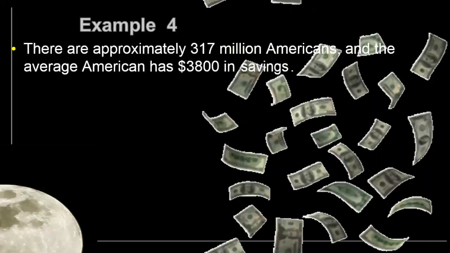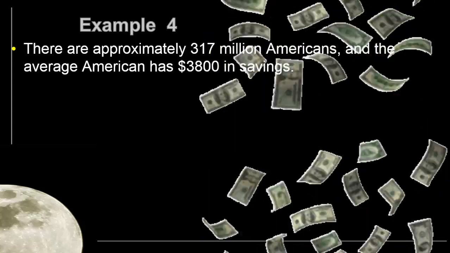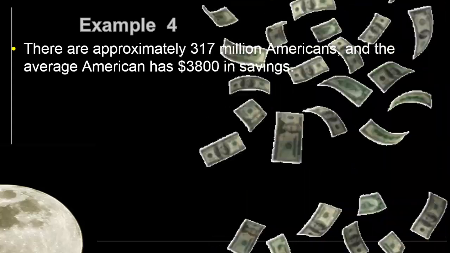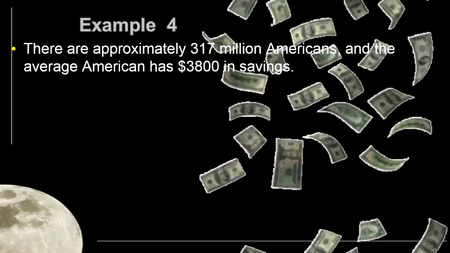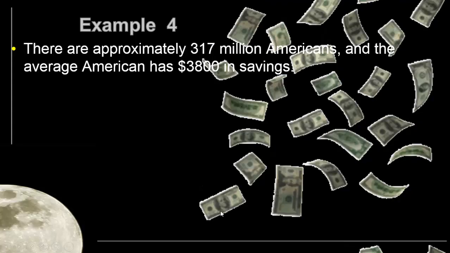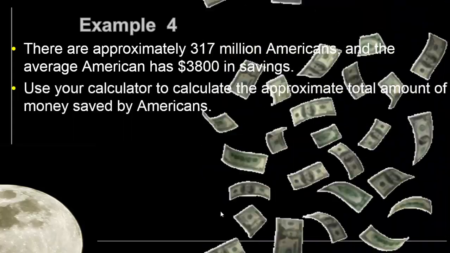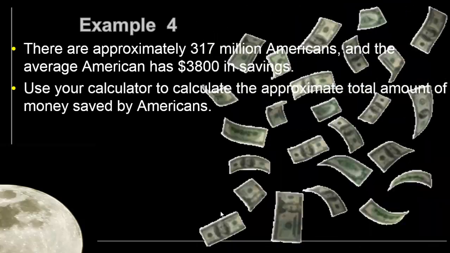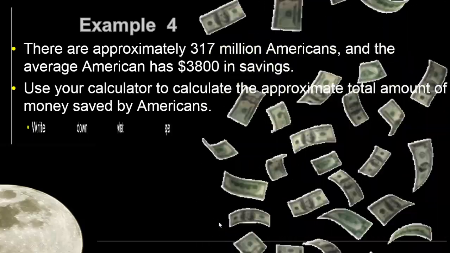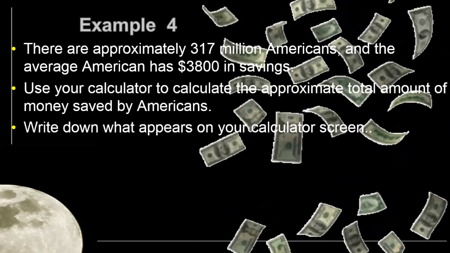In example number 4, we find that there are approximately 317 million Americans, and the average American has $3,800 in their savings. We want to use our calculator to calculate the approximate total amount of money saved by Americans, and write down what appears on our calculator screen.